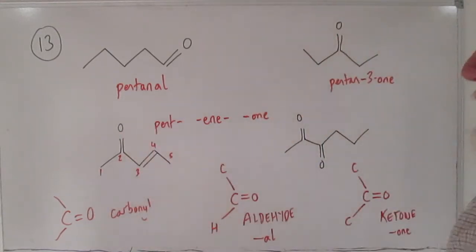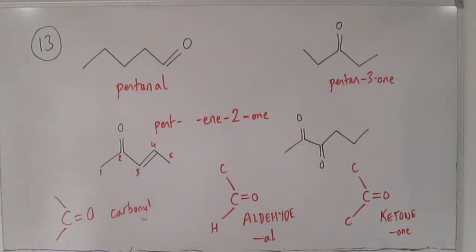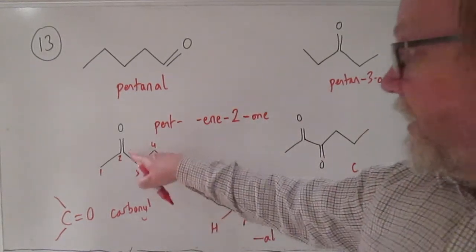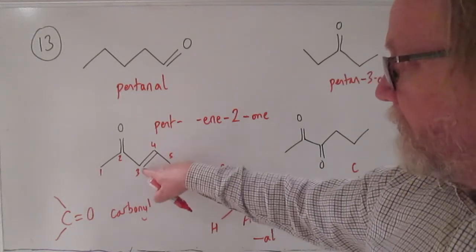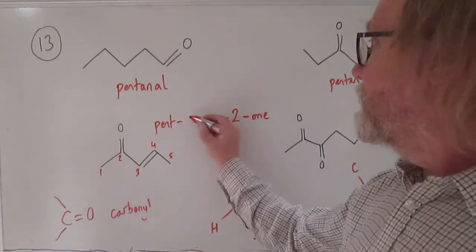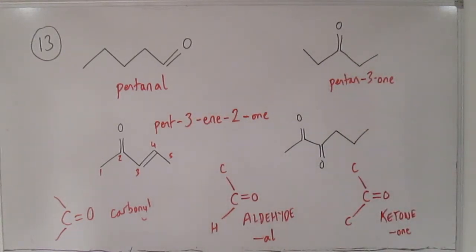So that means the ketone group comes at carbon 2, so it's 2-one, and the alkene group starts at carbon 3, so it's between 3 and 4, but remember you put the lower number down, so it's pent-3-ene-2-one, that compound.